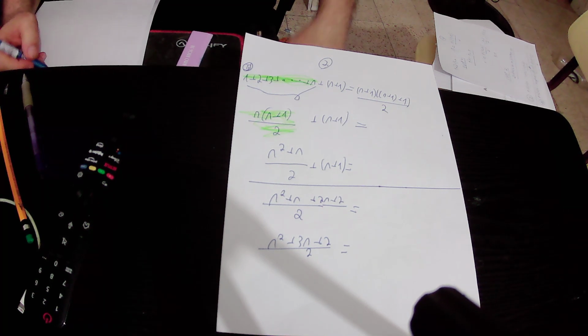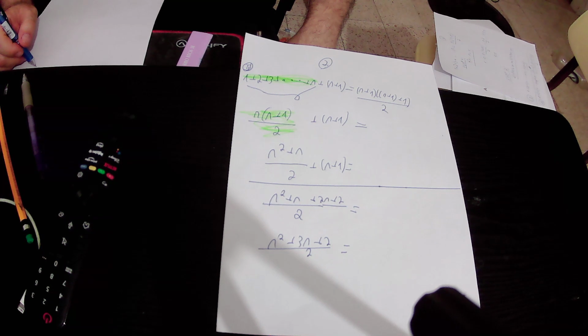Okay, so minus b is minus 3, plus minus root of b squared is 9 plus 4ac is 8, all divided by 2.